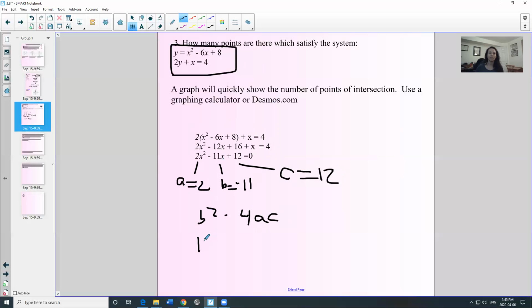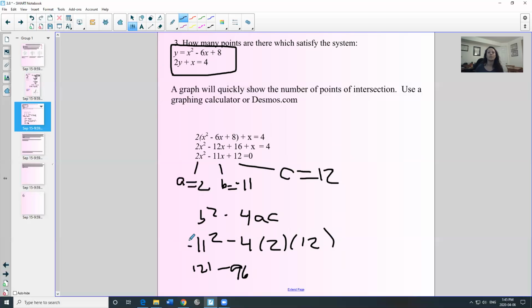So I'm going to take 11 squared minus 4 times 2 times 12. 11 squared is 121. And 4 times 2 times 12 is 96. There we go.